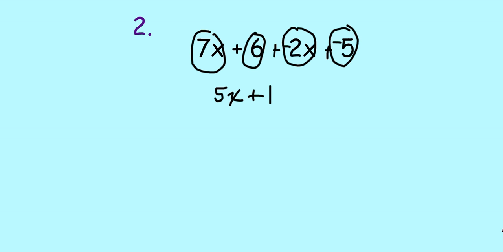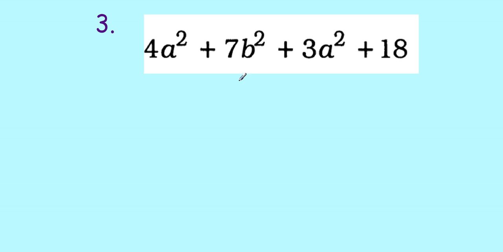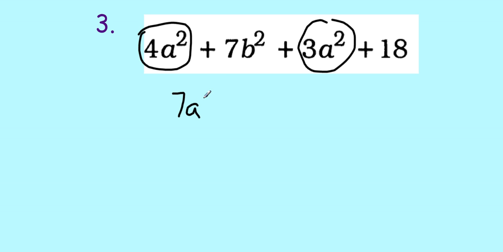Let's look at number 3. We have 4a squared plus 7b squared plus 3a squared plus 18. So we have a total of 4 terms. Everything's addition, so we don't have to change any of that. Circle our first term, and that can combine with the 3a squared. So 4a squared and 3a squared make 7a squared.